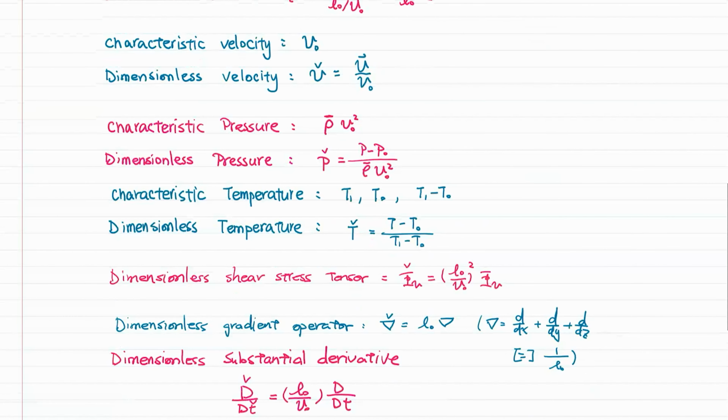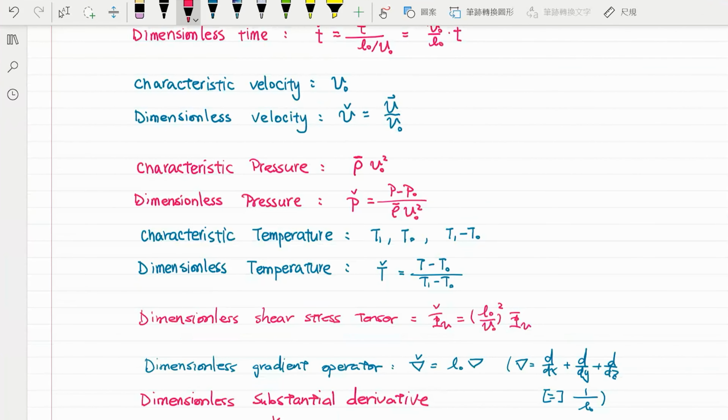And then we also define the dimensionless shear stress tensor, if you have some non-negligible work generated by very fast-moving fluids having a large velocity gradient. And then most importantly, we define the dimensionless gradient operators, which is the original operator multiplied by L naught, and also the dimensionless substantial derivative. Now, we're going to use this information to make the equations of change dimensionless.